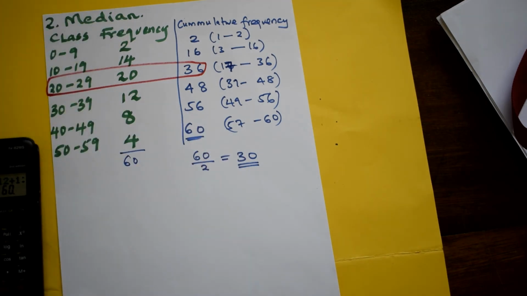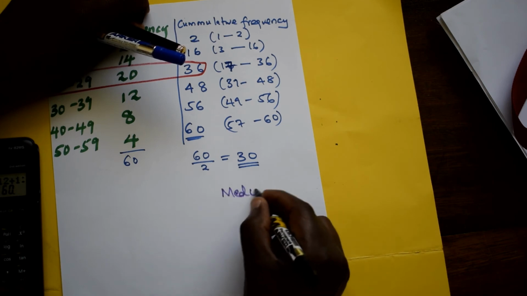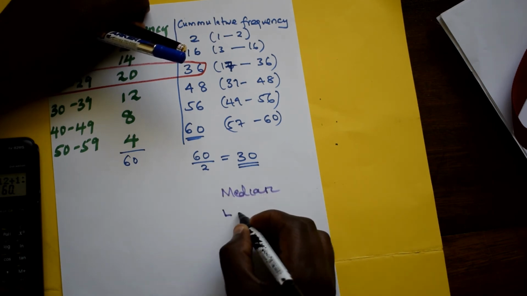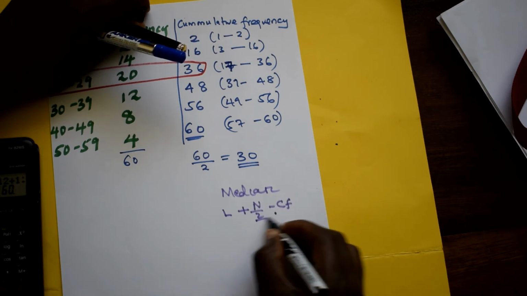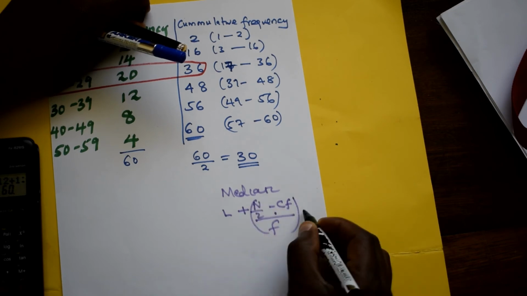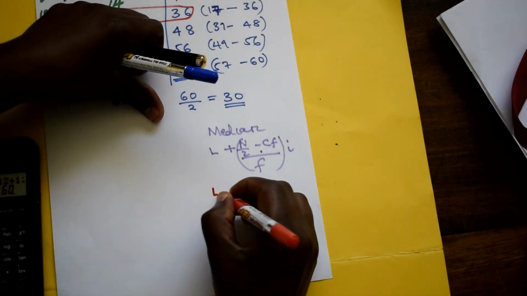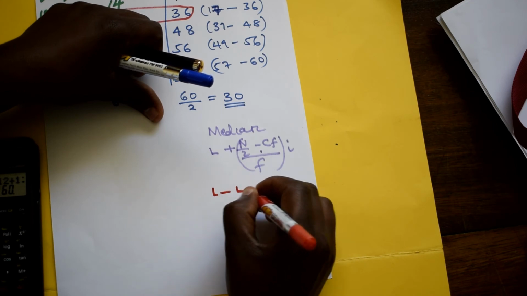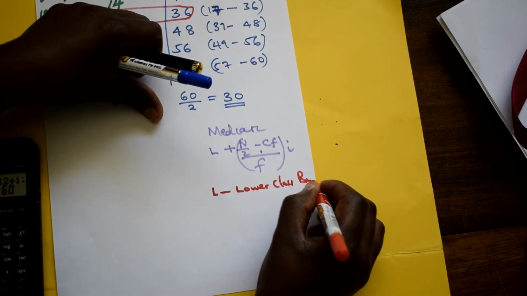So we have a formula for that. The median is calculated as the lower class boundary plus n over 2 minus CF, over frequency, times class interval. L is the lower class boundary of the median class.